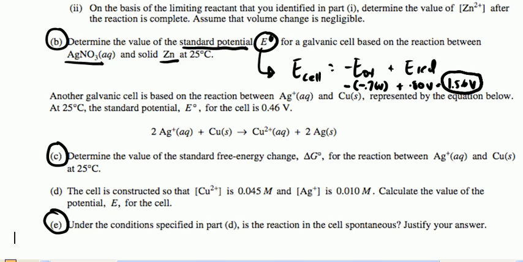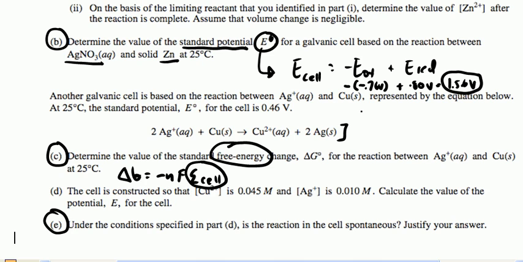Okay, this next one says determine the value of the standard free energy change for the reaction between Ag and Cu shown above. So first off, delta G equals negative nFE cell. So what we have to get first is E cell. So let's break this reaction into the half reactions, oxidation and reduction.